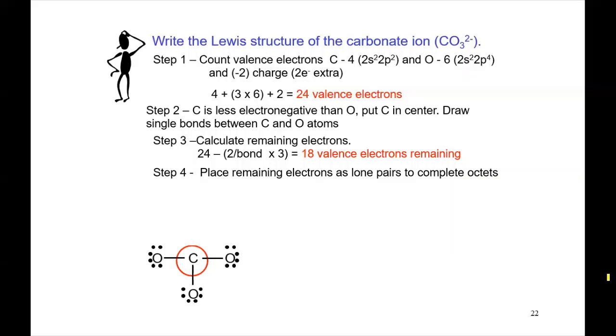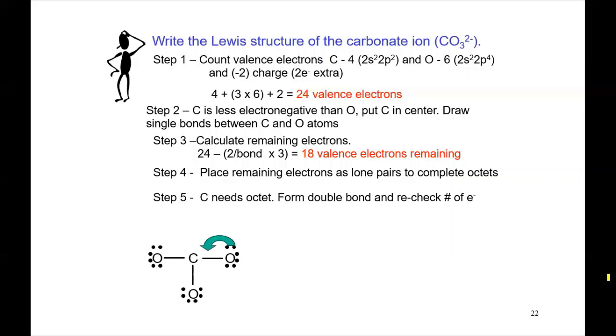So the rule is that since the carbon needs an octet and we don't have any more electrons, we have to basically shift. We have to roll over a pair of electrons from one of the oxygens into a double bond with the carbon. So let's say I pick that lone pair.